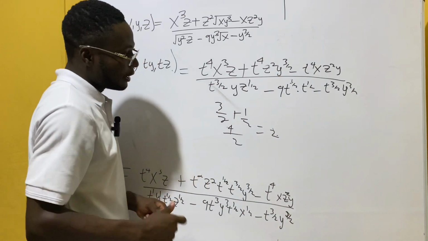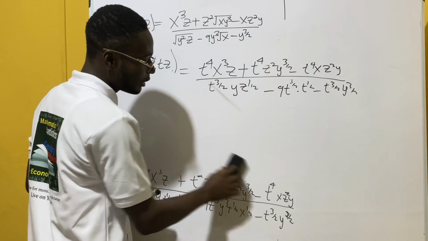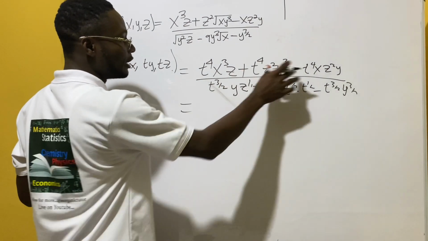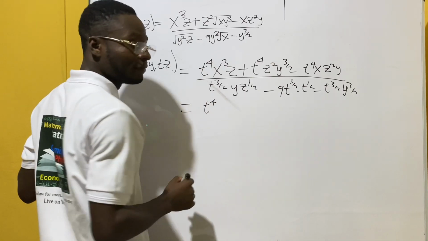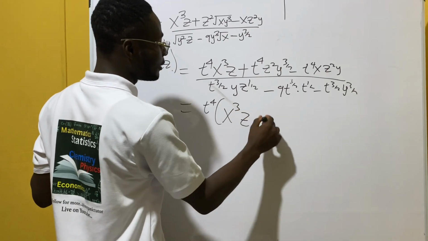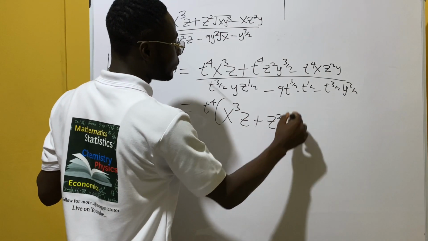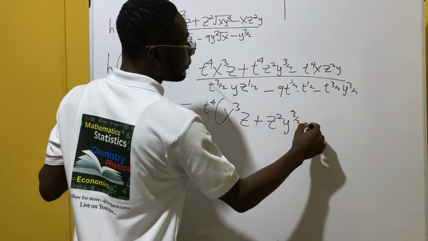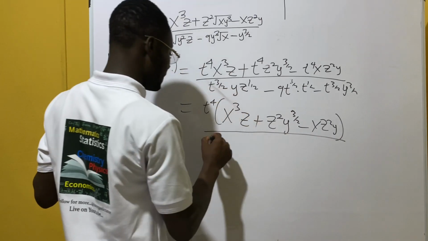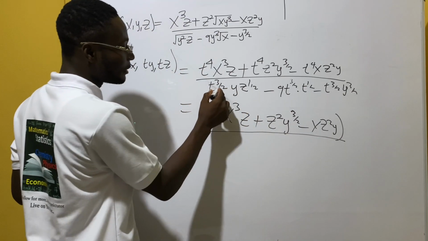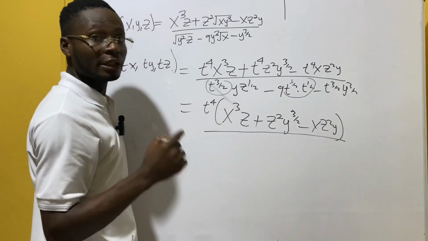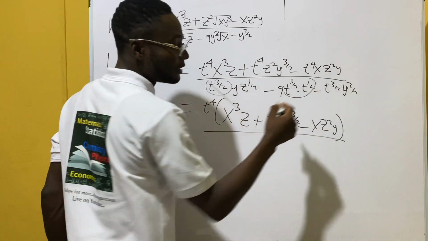All right, so the middle term at the denominator will disqualify the function from being homogeneous. Here, in the numerator, we can factorize t power 4 out. So we have x cubed z plus z squared y power 3 on 2 minus x z squared y, all over this. Here we have t power 3 on 2, but at this point we are going to have t power 2, and this we have t power 3 on 2.